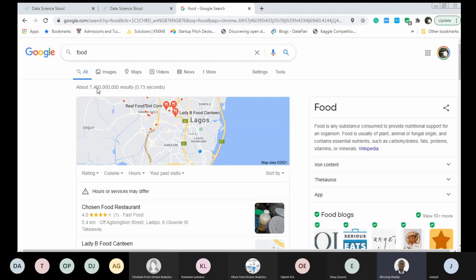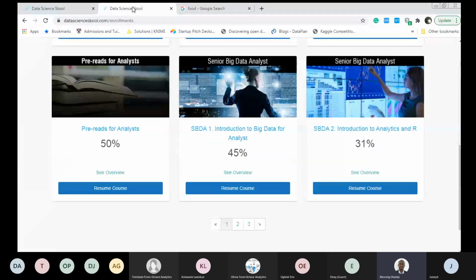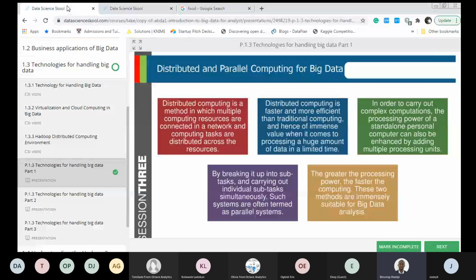If all of these 7.5 billion records were on a single computer, in fact, I'm sure it would probably take several days for Google to do all of this counting and return all of that result. So the concept of distributed computing tries to divide the job among many computers, while parallel computing tries to employ more processing power in order to solve the problem.